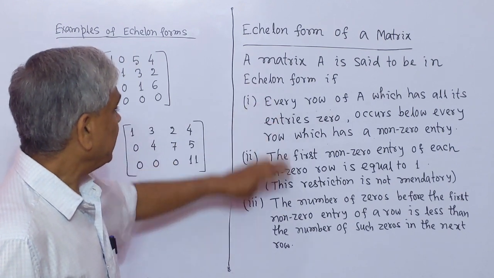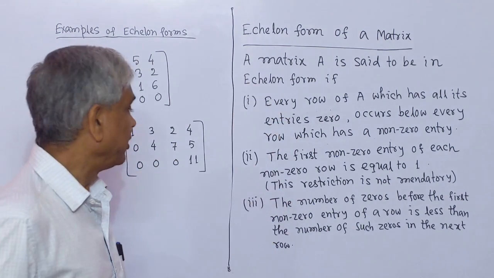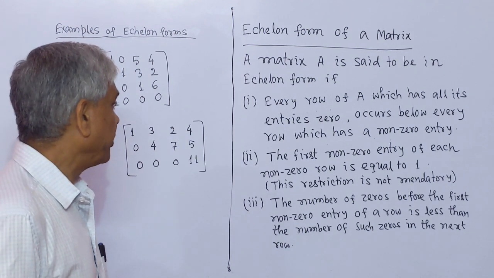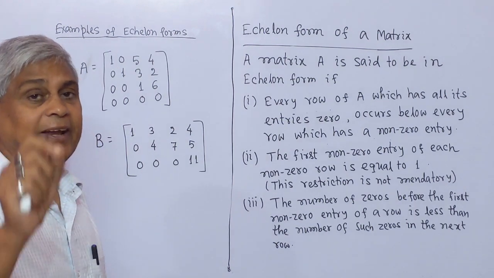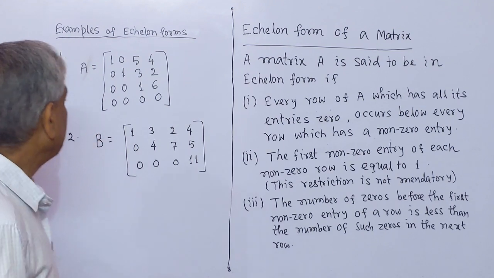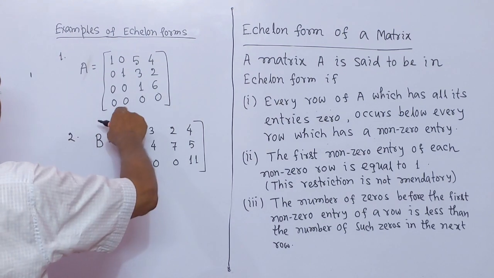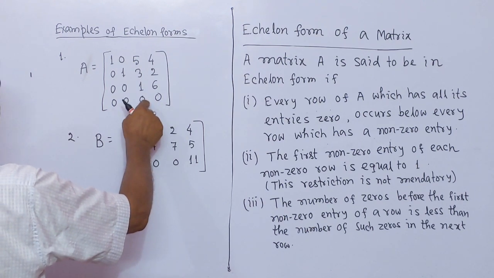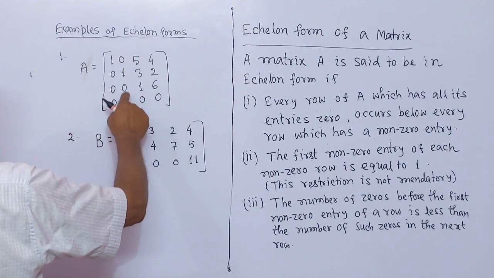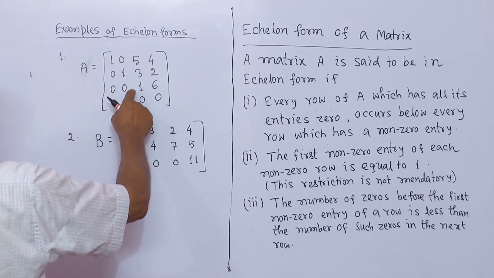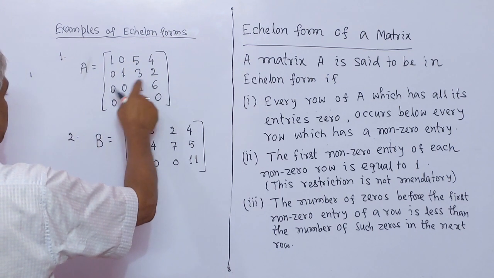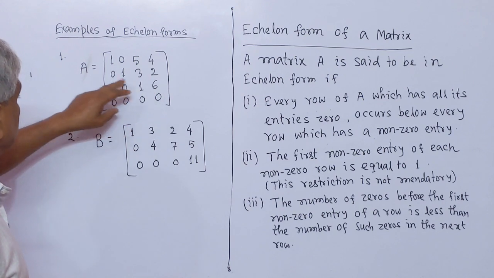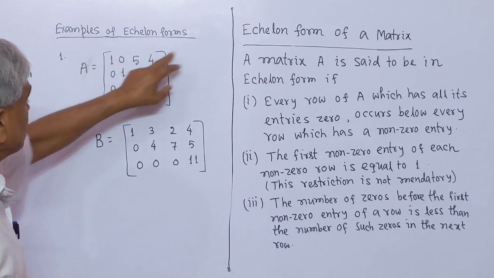Now we clarify these points one by one. Firstly, we should know the definition of zero rows and non-zero rows. Here all the entries of this row are 0, so this is called a zero row. In this row, there are non-zero elements 1 and 6, so this is a non-zero row. This is a non-zero row, this is a non-zero row, and this is also a non-zero row.